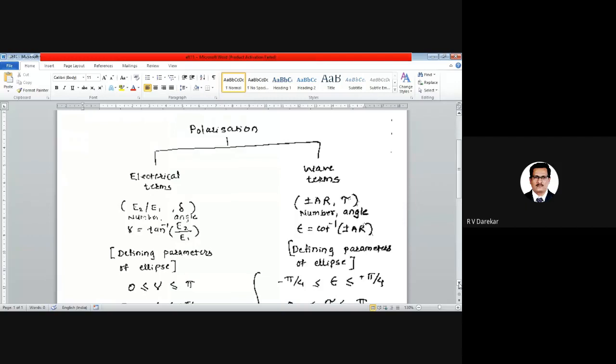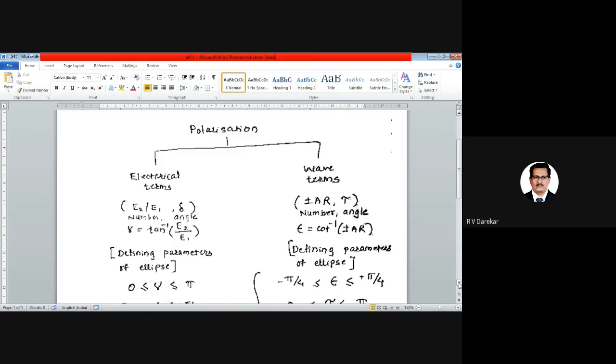The first type is linear polarization, in which the electric components vibrate, or the time varying behavior can be observed to be linear. The second type is circular polarization, in which E1 and E2, the components of electric field, vary their amplitudes in such a way that their tip completes a circular shape.